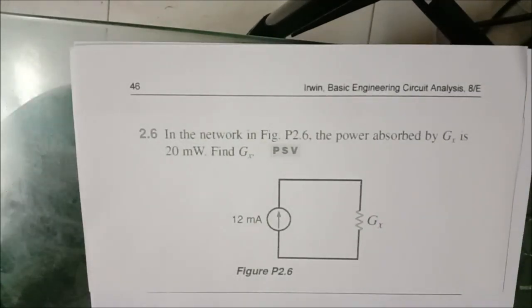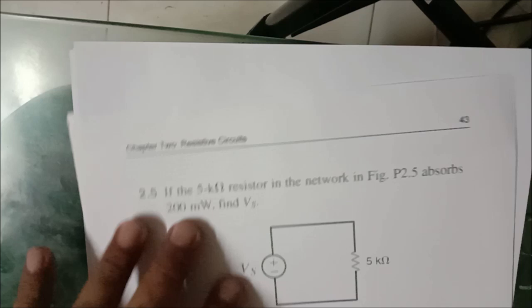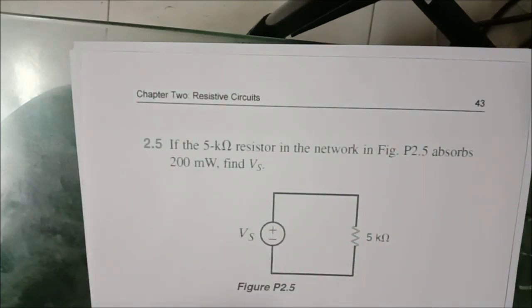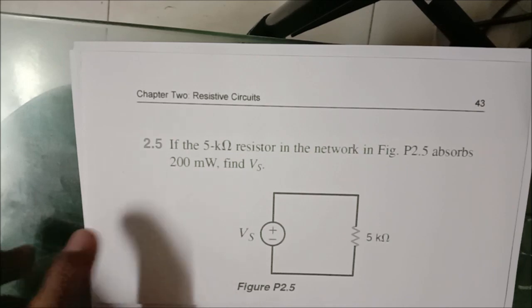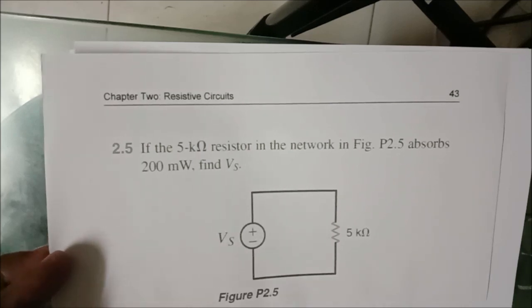2.6 to. Nasaan yung 2.5 ko? Wala yata yung 2.5. Ito pala yung 2.5. Okay. If the 5 kilo ohm resistor in the network in figure 2.5 absorbs 200 milliwatts, find V sub S. Okay? I-rewrite ulit natin si figure 2.5.